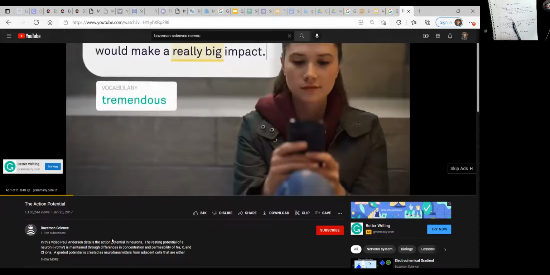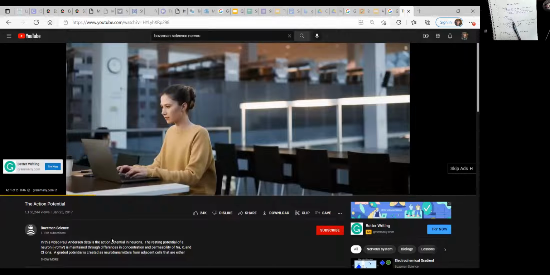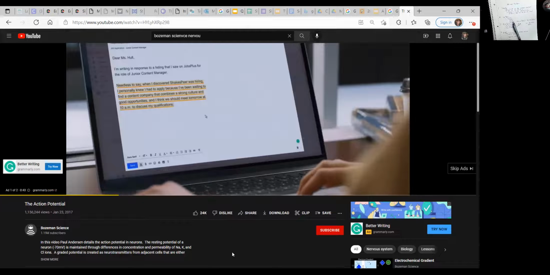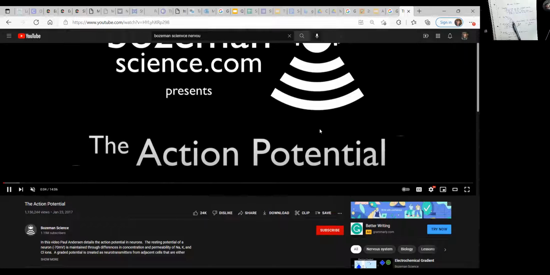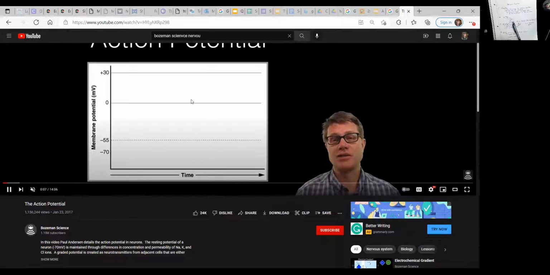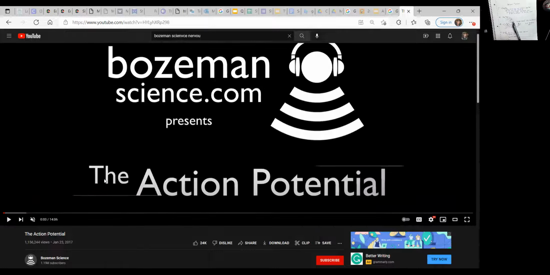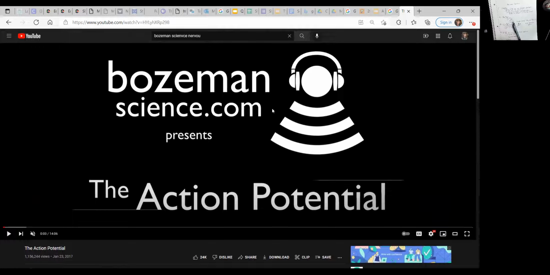I think it's best to look at the sodium pumps, and there's a mnemonic that Mr. Anderson uses, and it's called Salty Banana, and you'll hear it here. It's a good way to remember which side has a higher concentration of potassium and which side has a higher concentration of sodium.